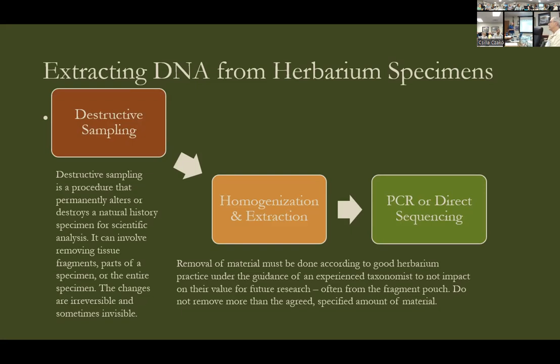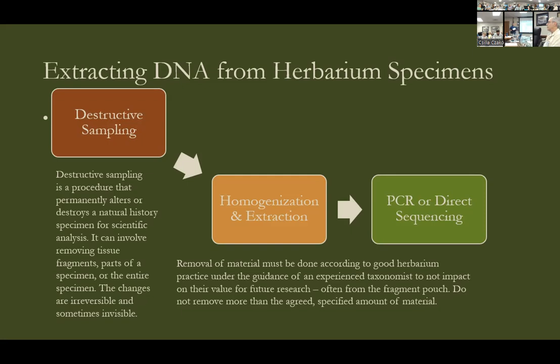And now, how do we remove that? It's not done willy-nilly; there should be an agreement on what is reasonable to remove for that type of sampling in case it's for DNA. It has to be guided by good herbarium practices.